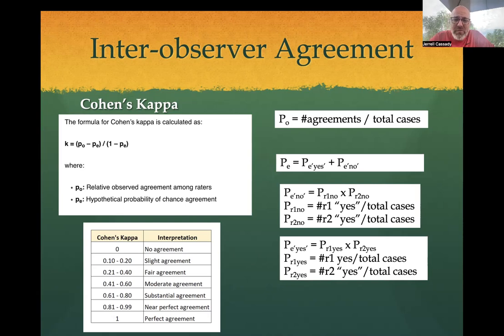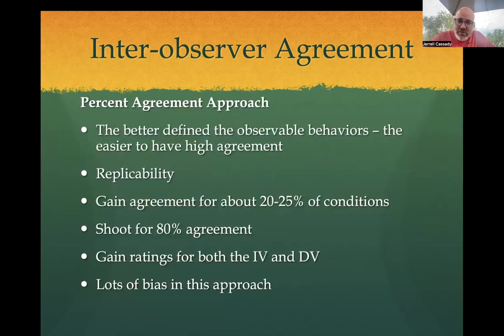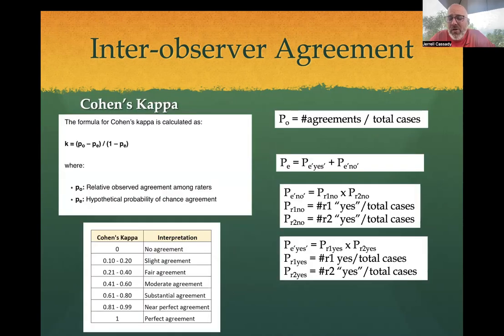So what is all that? P sub O is the level of agreement between the participants. So this percent agreement approach, that's P sub O. That's all it is. P sub O is calculated by finding out the number of times that the two raters came back with the same value.